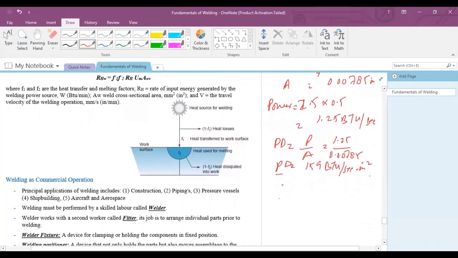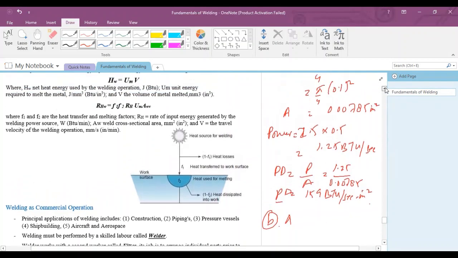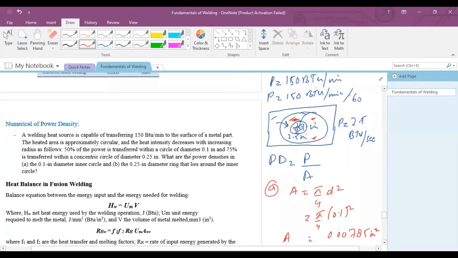Now we can calculate for the bigger circle. As you know, these are concentric circles, right? 159 BTU is the power density of this inner circular area, and we need to find the power density of this outer area, right?